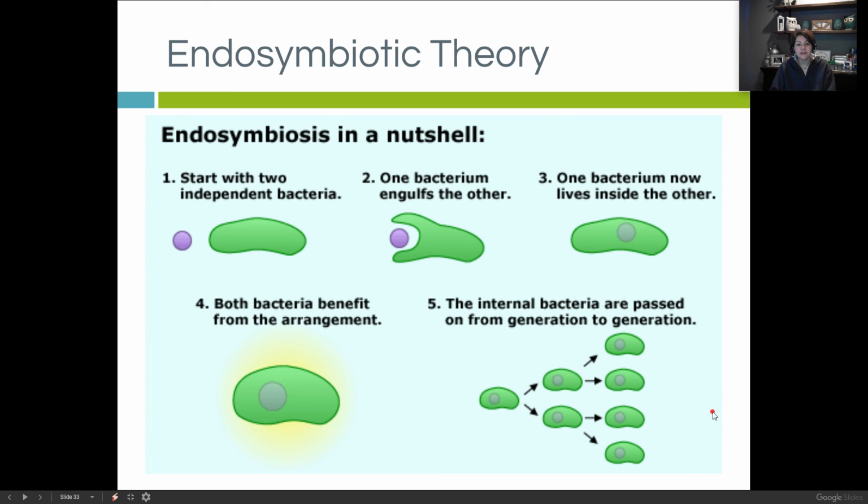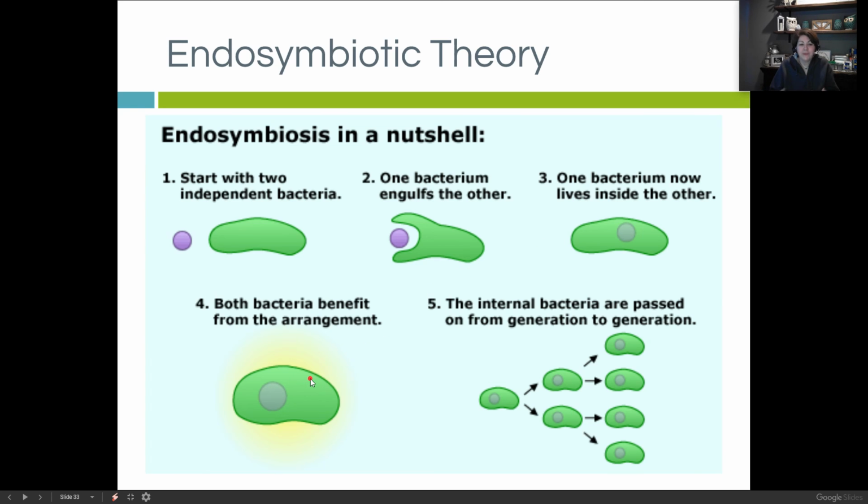So, how did these cells come to be? The idea of the endosymbiotic theory was that we had two independent bacteria, so two prokaryotic cells, and one basically ate the other one. But while it was inside the other one, it did some really good things for it. It helped it out and they benefited from each other.